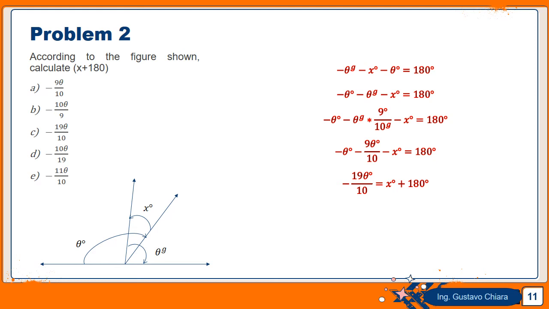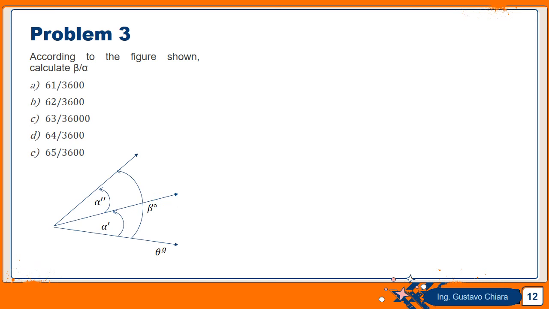Next slide. Problem number 3. According to the picture shown, calculate beta divided by alpha. In this case we have the same system but in different units: degrees, minutes, and seconds. From the picture we have that alpha seconds plus alpha minutes is equal to beta sexagesimal degrees.